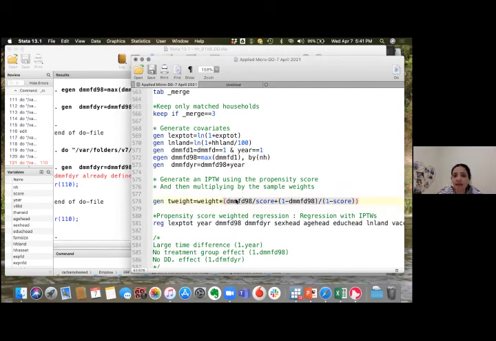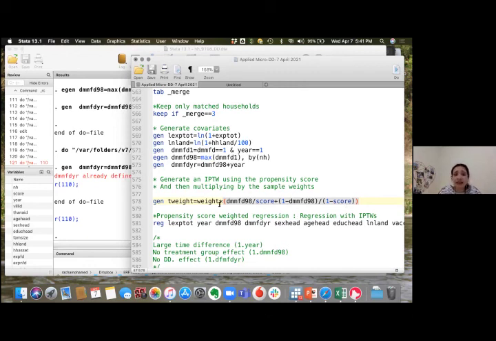You remember, it is the fact of being treated divided by your estimated p-score plus 1 minus being treated or not divided by 1 minus p-score. And we said if I am treated, it will be 1 over the p-score. And if I am not treated, it will be 1 over 1 minus p-score. You remember we give high weight to those who were not supposed to be selected but are selected, and we give high weight to those who were supposed to be selected but are not selected.